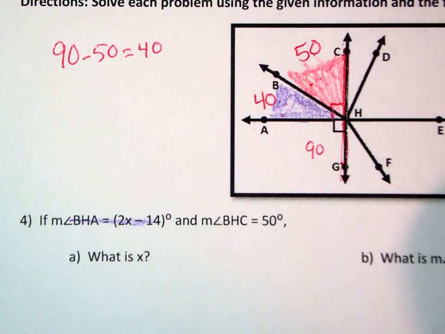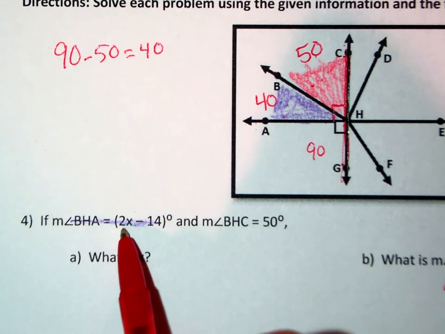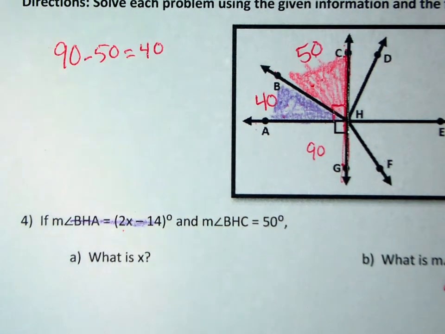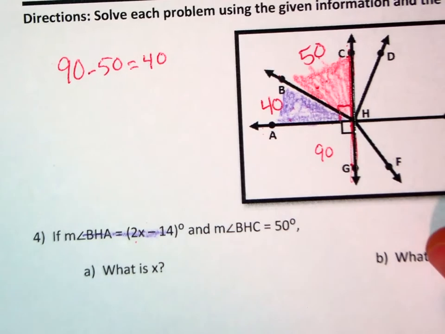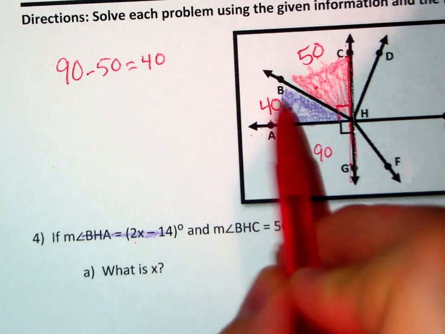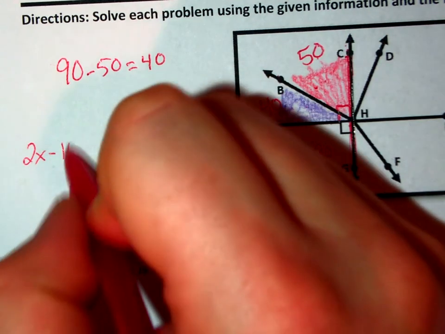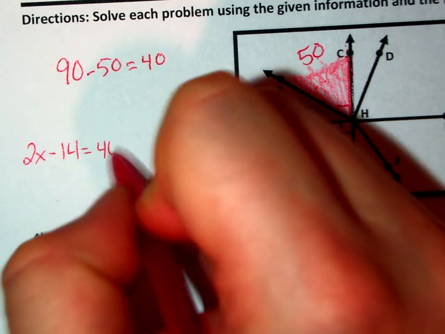My next task is to find the measure of x, or the value for x. And there are a couple of different ways to do this. Since I know that BHA is 40 degrees, I can say 2x minus 14 is equal to 40 degrees.